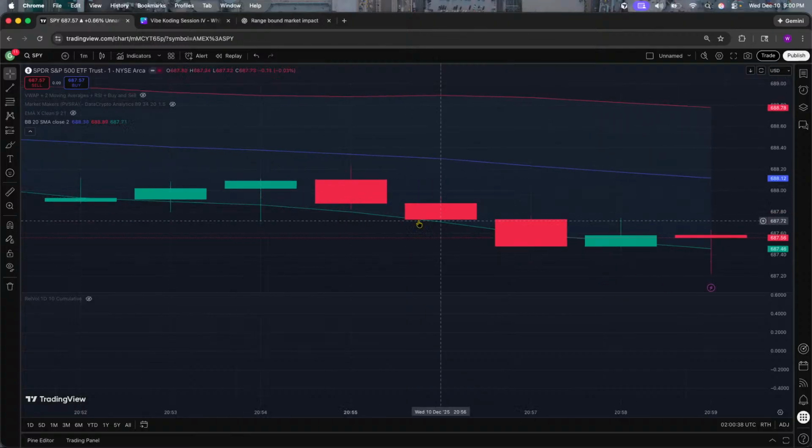So you're seeing how it's crashing through the floor. And the floor, or the lower band, is the middle band minus 2 standard deviations. When it touches the lower band, this is a potential oversold or volatility compression area, right? So the lower band lets us know, okay, the price has been stretched too far, and then we're expecting it to go back to the average, right?